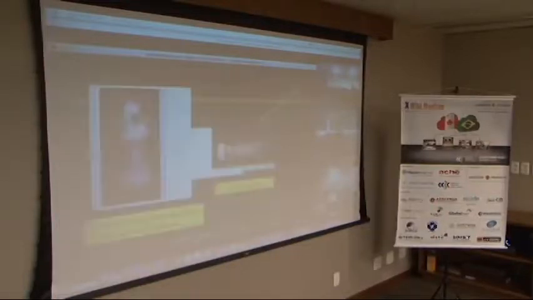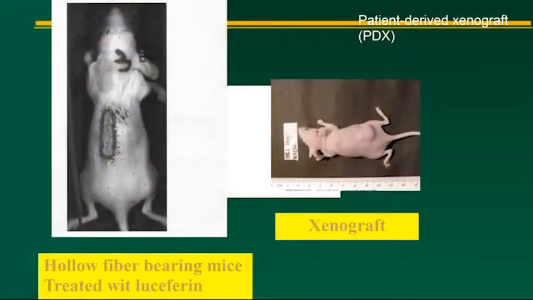Now in vivo, we have models that are clinically relevant. One of them is what we call the Hollow fiber assay, which was developed at the NCI, the National Cancer Institute of the United States. It consists of taking human tumor cells and putting them in a fiber and then implanting this fiber into an animal that is immunodeficient.